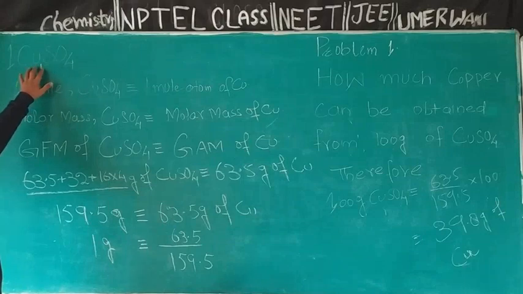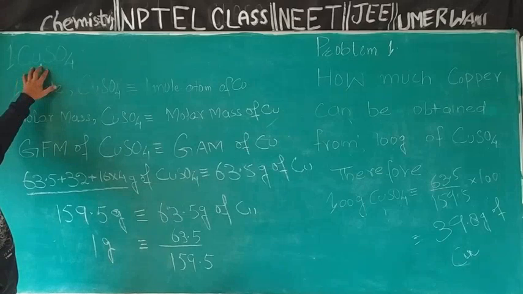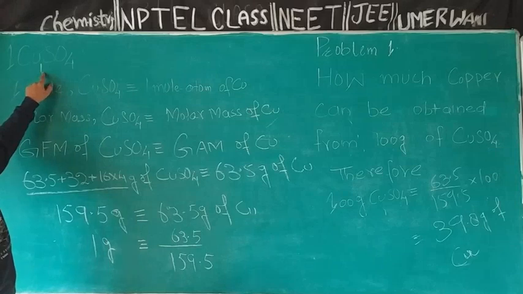Given 100 grams of copper sulfate, we have to calculate how much copper will be produced. I had the formula of copper sulfate in mind, CuSO4, and from the formula it is clear that 1 mole of copper sulfate has 1 mole atom of copper, or 1 mole of copper sulfate will produce 1 mole atom of copper.